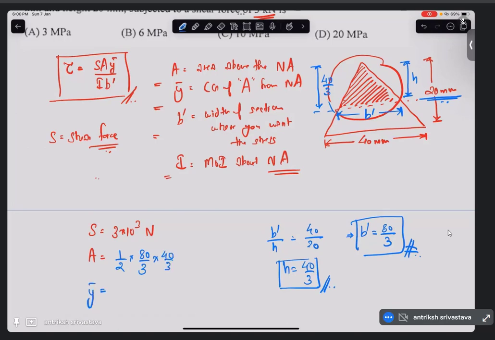Y bar. Y bar is the distance of the CG of this area from the neutral axis, right? So CG of this area is going to be 1 by 3 of the height from the base. So this distance, that is given as Y bar, is going to be 1 by 3 into h, right? So what is this? It is 40 by 9.